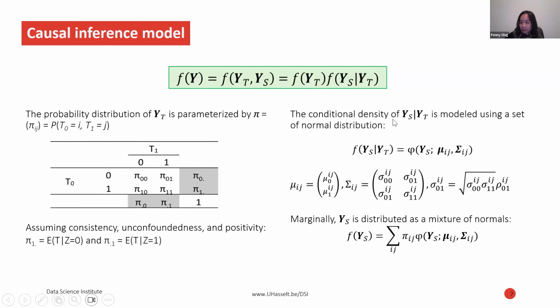Meanwhile, the conditional density of Ys given Yt can be modeled using a set of normal distributions with parameters means and variance covariance matrix. And marginally, Ys can be distributed as a mixture of normals with parameters pi ij as its mixing proportion.